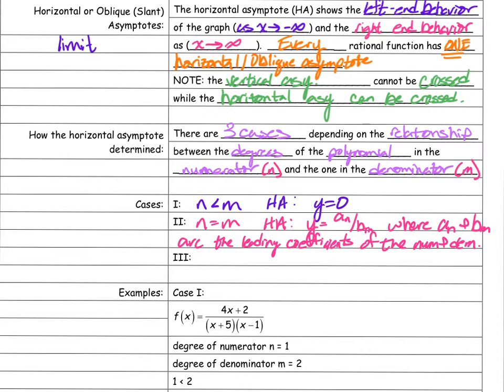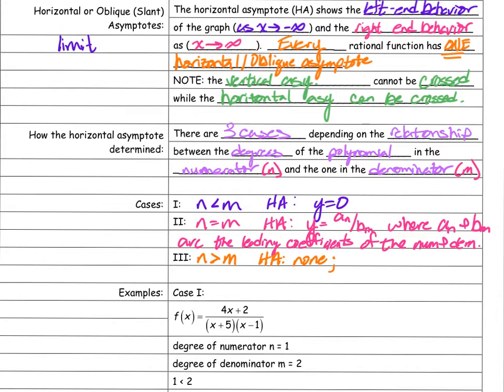The n goes with the numerator, the m goes with the denominator. And then the third case is if n is greater than m, so the degree of my numerator is bigger than the degree of my denominator. Then my horizontal asymptote is none. I don't have a horizontal asymptote.